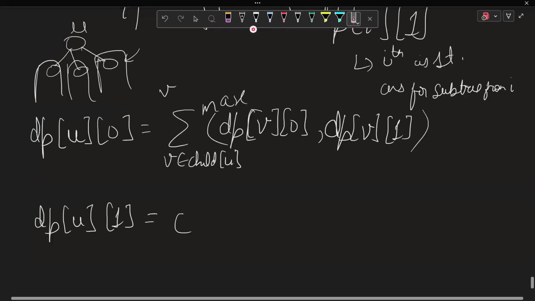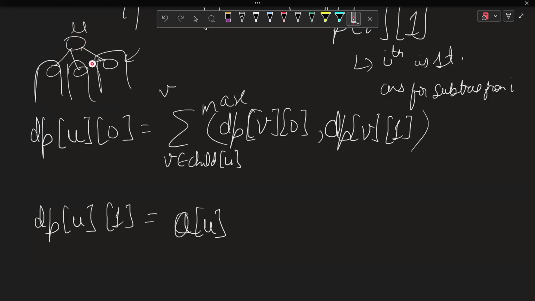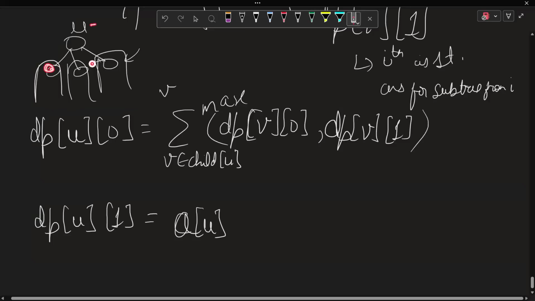Let's say the number of coins in u is represented by my array a, so a[u] represents the number of coins in u. Since this is selected, this would be added to the answer minus how many nodes among these are selected, because they would reduce its contribution. Whenever a node is selected, the contribution of this is reduced by c, and the contribution of its neighbor is also reduced by c because of the selection of this.